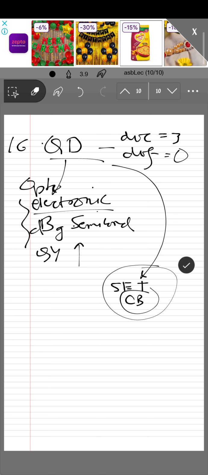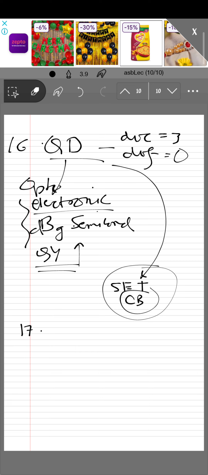Now, looking closely again at the quantum dot applications, the reason why this quantum dot has these enhanced properties is due to its confinement.